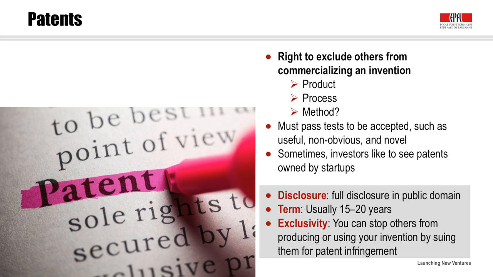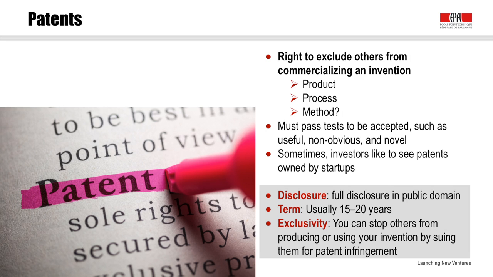Now, not every country has exactly the same tests, but most of them have requirements relating to the fact that the patent must be useful. Someone has to find it useful. It can't be obvious, and it has to be novel or new. It can't be the same as what someone else already did, or that's something that was in the public domain already.